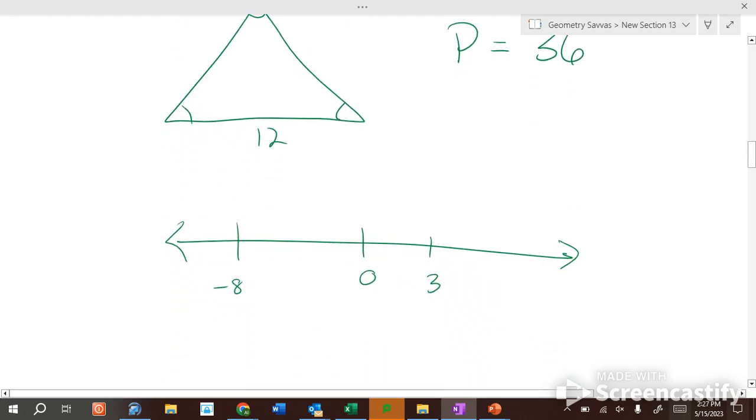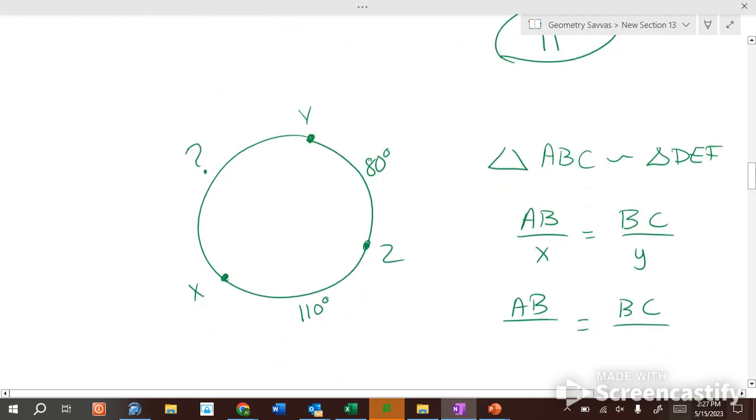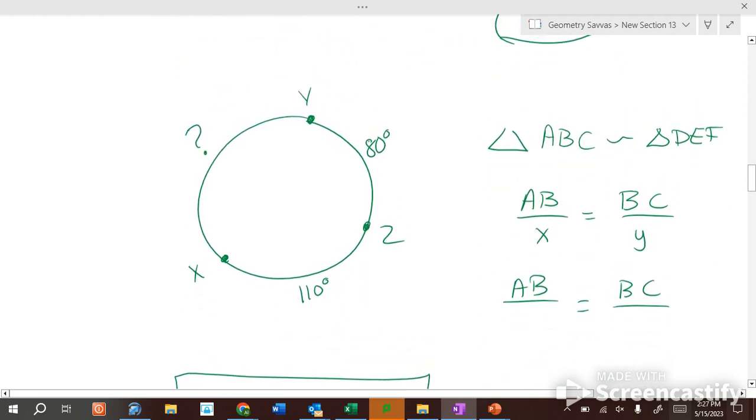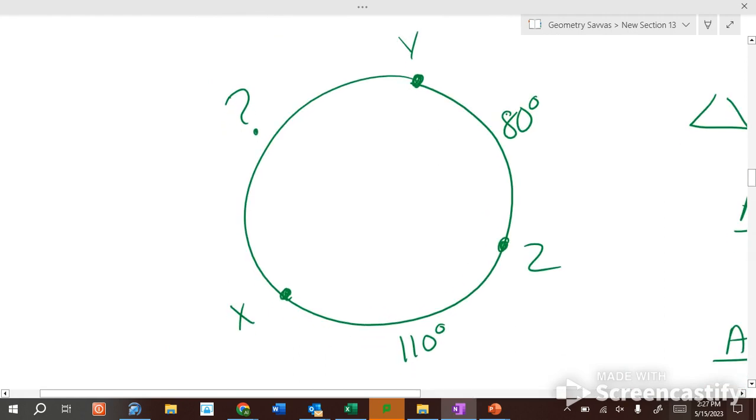How far is it from -8 to 3? 11. From -8 to 3 is 11. In this circle right here, how big is the question mark? 170?